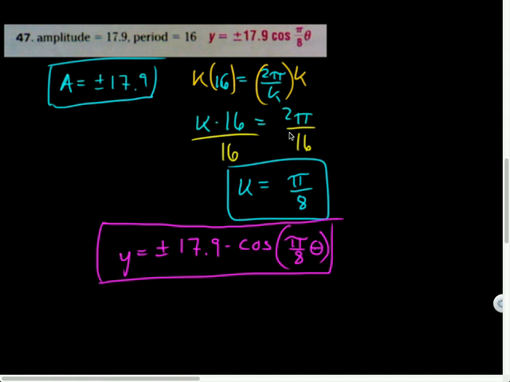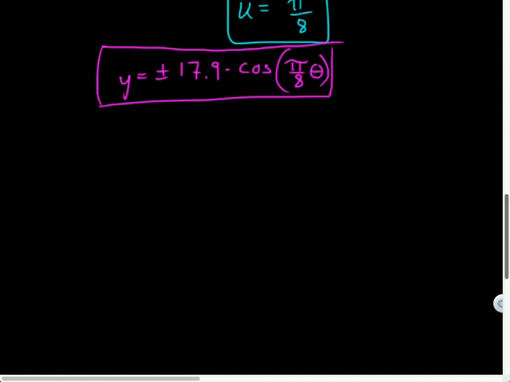If I wanted to map the lunar cycle or a tidal chart or temperatures, the period of those things would not necessarily be related to pi. The lunar chart goes through its cycle in 28 days or something like that, so I would want a period of 28.